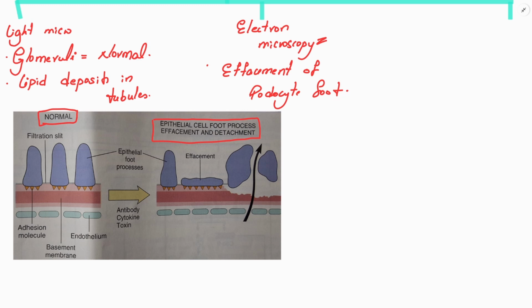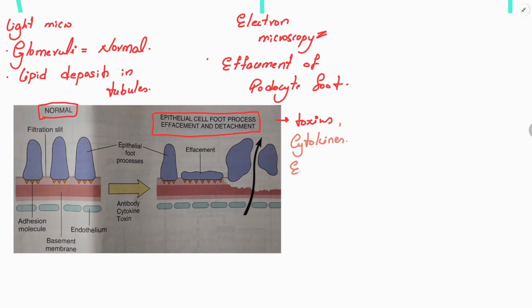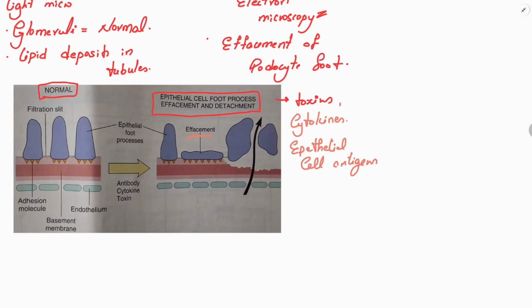So let's know the reason for this effacement. Because of some toxins or some cytokines or any epithelial cell antigens, there will be effacement and detachment of the epithelial foot processes.